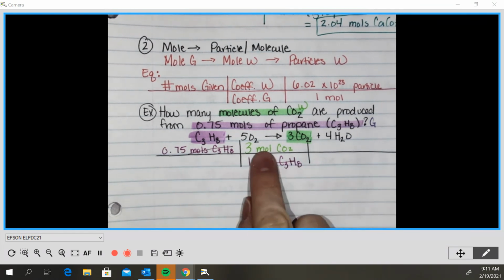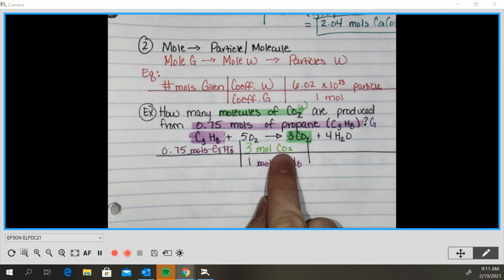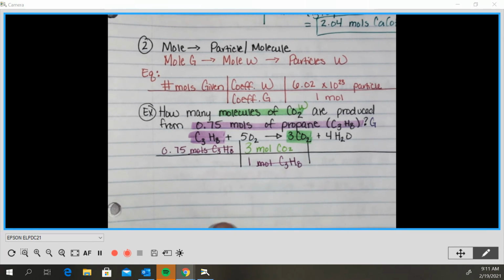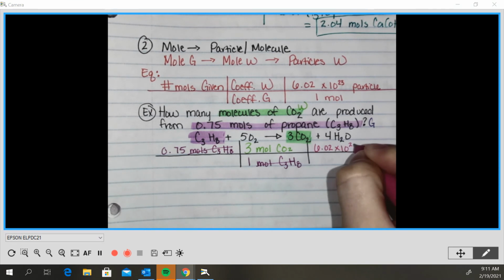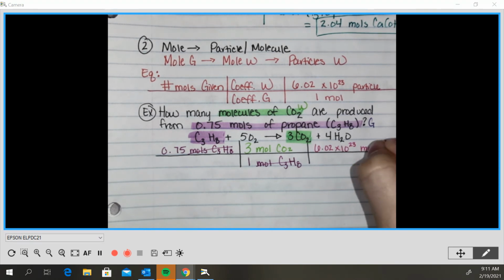So right now our unit is moles of CO2. We wanted to solve for molecules of CO2, so we have one step left, and that's going from moles into molecules, and we're going to use Avogadro's number to do that. So Avogadro's number is 6.02 times 10 to the 23rd. Our particle is molecules, so that's what we would write down, and we would write that over 1 mole. That way, the word mole cancels out.